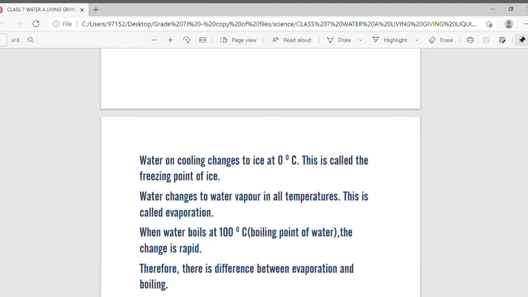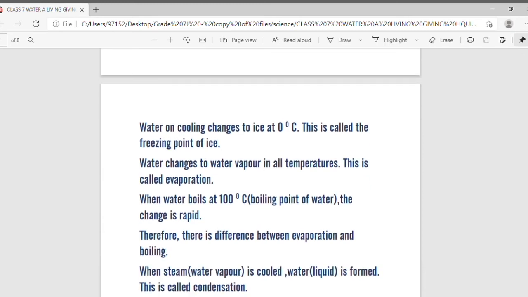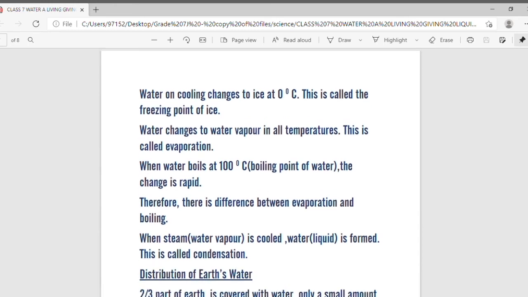The water gets converted into vapor quickly. That is during boiling. Therefore, there is difference between evaporation and boiling. When steam, water vapor, is cooled, water is formed. What is the liquid form? This is called condensation.